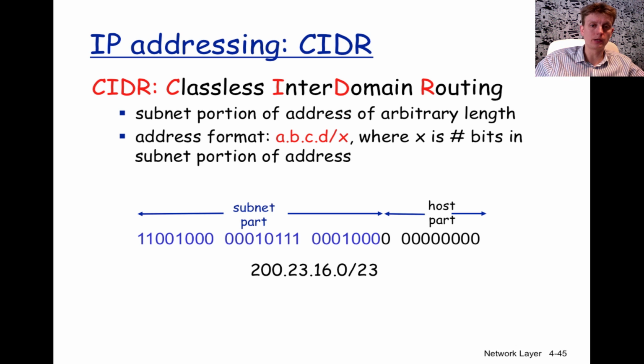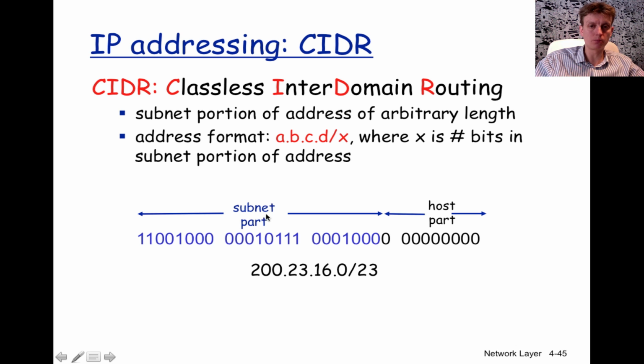Originally, when the internet had just been designed, IP addresses had a very rigid structure. You could determine the length of the subnet part by looking at the first bits of the IP address. Currently, in today's internet, we don't have this rigid structure anymore.